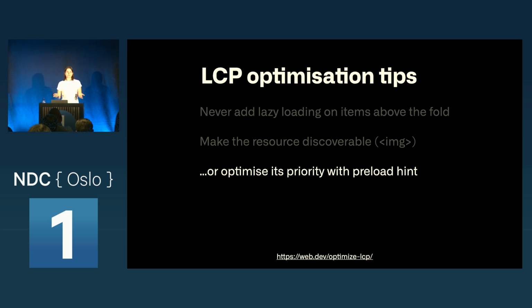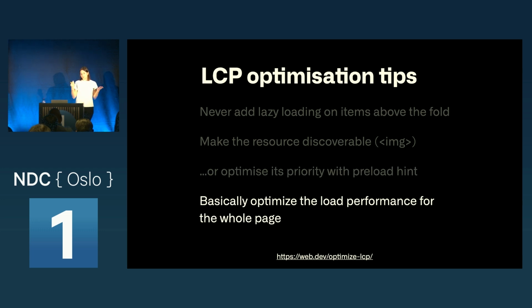It's not only discovered once the CSS is fully parsed. And basically, you want to optimize the load performance for the whole page and all the metrics, because the faster, in general, it loads, the faster, for example, time to first byte as well, the faster LCP will show up.